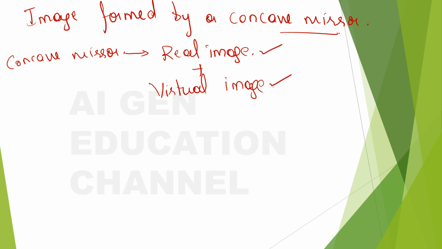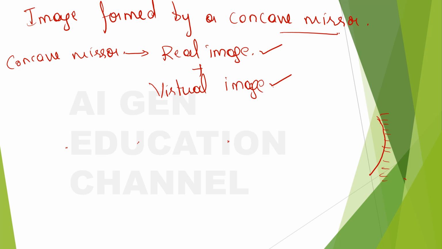and even a virtual image. Okay, now first of all, what I want to say is that imagine this is the concave mirror. Okay. Yes, this is the concave mirror. And now you can place the object here or here. Okay, just I'll give you a point here. You can place the object here, here or here, anywhere you can place, right?